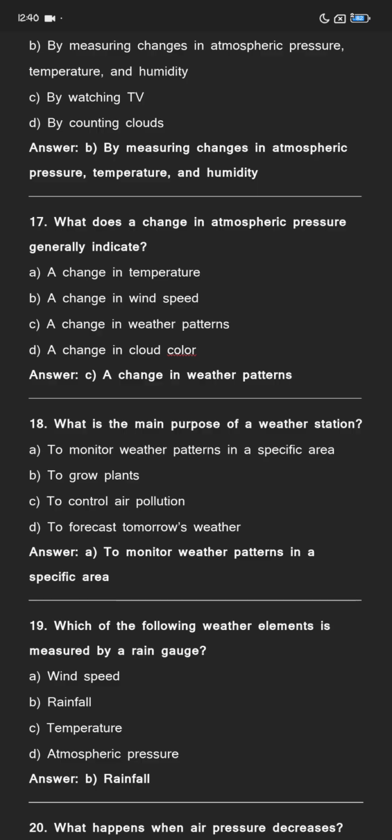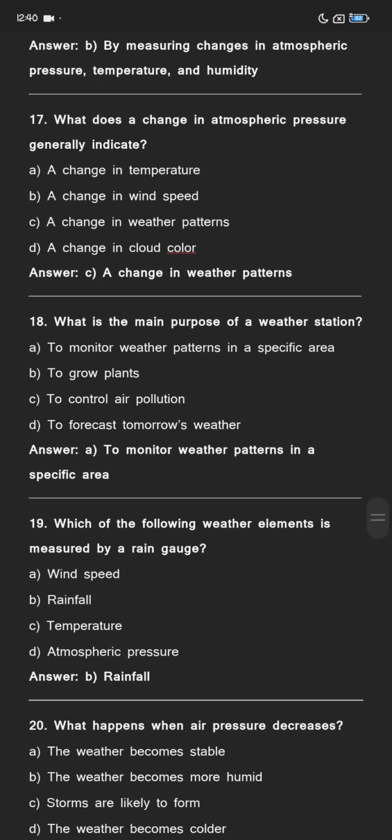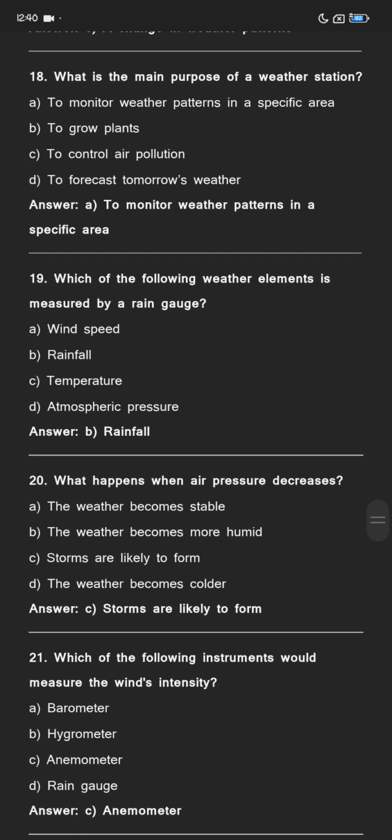What is the main purpose of a weather station? To monitor weather patterns in a specific area, to grow plants, to control air pollution, to forecast tomorrow's weather. Answer is to monitor weather patterns in a specific area. Which of the following weather elements is measured by a rain gauge?